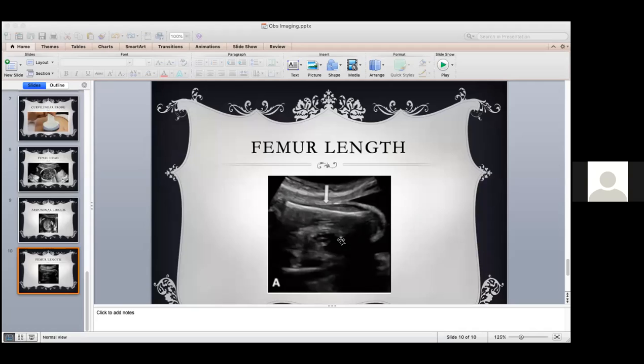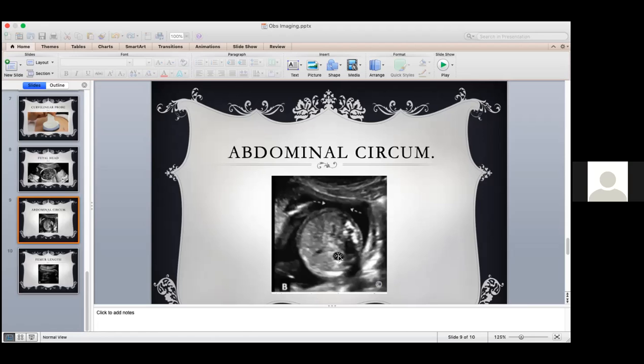Asante. Could you please repeat the landmarks for abdominal circumference? So for the abdominal circumference, you want to be seeing your stomach, the stomach bubble. Sorry, I'm just trying to move back up to that image. So this would be our stomach bubble for this fetus. You want to be seeing your spine.